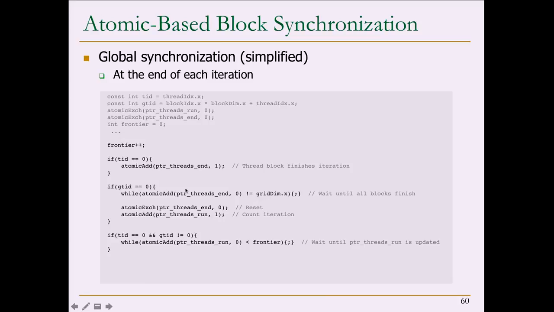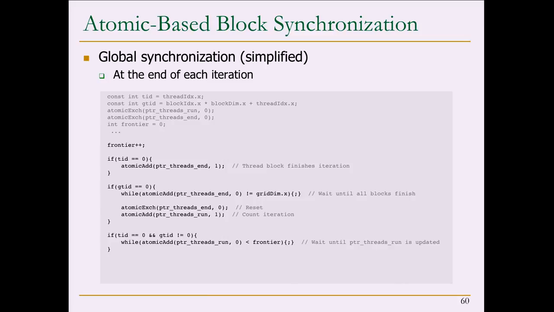So as soon as this counter has the value of the number of thread blocks, we continue. We change the value of this PTR threads run, and then all the threads that were waiting here in this while loop are released, and they can continue execution. This is just one way of doing this global synchronization.